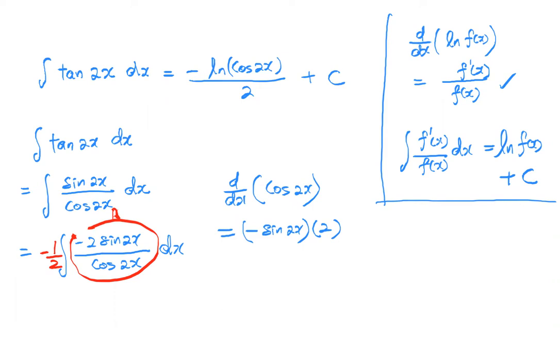You make changes to suit the situation. So this is equal to negative half ln cos 2x plus c. So this is the theory behind it.